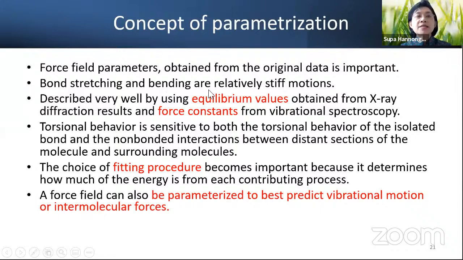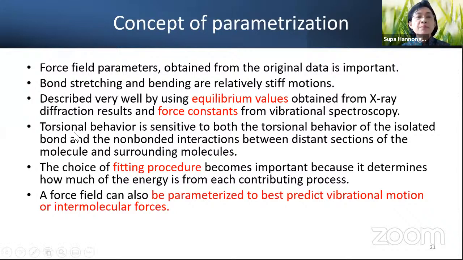The bond stretching and bending are relatively stiff motions which can be described very well by using equilibrium values. For example, the values obtained from X-ray diffraction results, and the force constants, because the force constant means the harmonic oscillator motion. Then we can obtain it from vibrational spectroscopy, like IR spectroscopy.